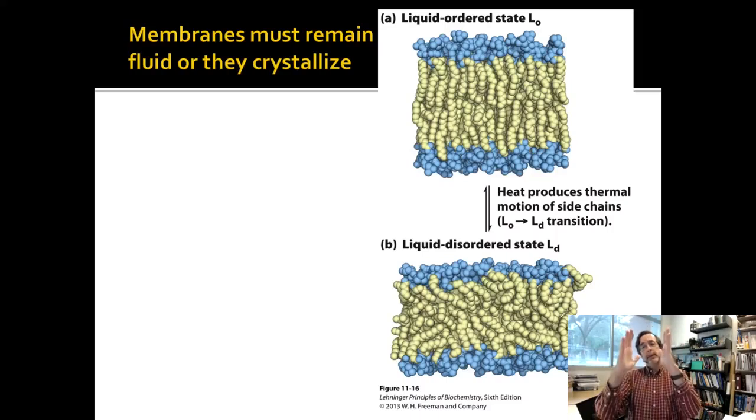But at a certain temperature it will melt, and you'll have the liquid disordered state shown on the bottom. There's a very distinct transition between this, and we've seen this with proteins, we've seen this with DNA, and now we see it with lipids. There's a temperature at which things melt, bonds break, and you move from one phase to another.